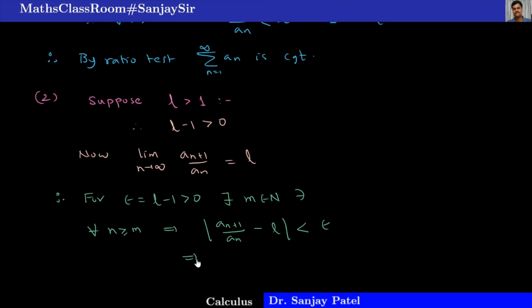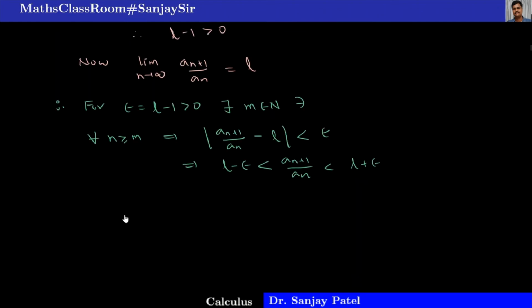So that I can write as L minus epsilon less than a_{n+1}/a_n less than L plus epsilon. Now here also we have a less than b less than c is true. So I want only the first part here, that is this one.